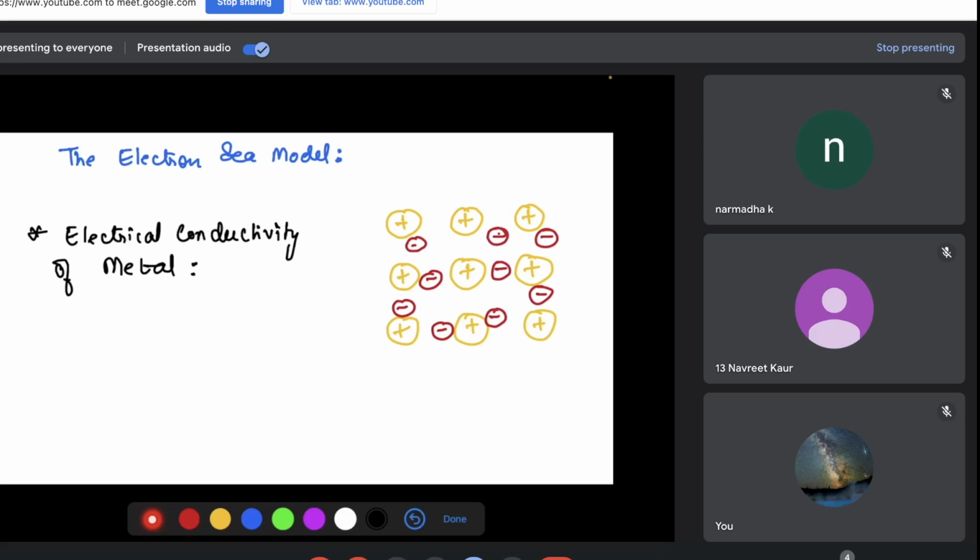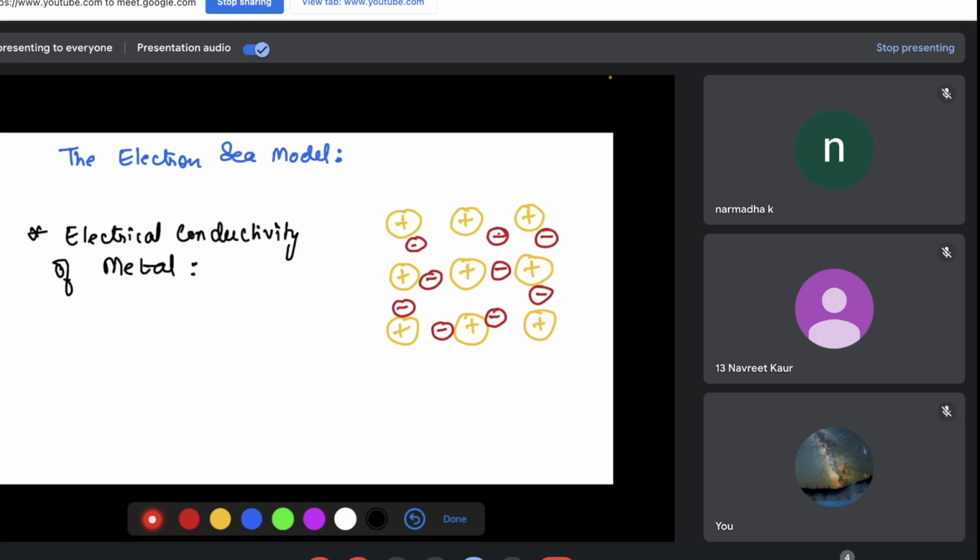So you can see how a gap is introduced in the energy band, and how the perturbation affects the conductivity.